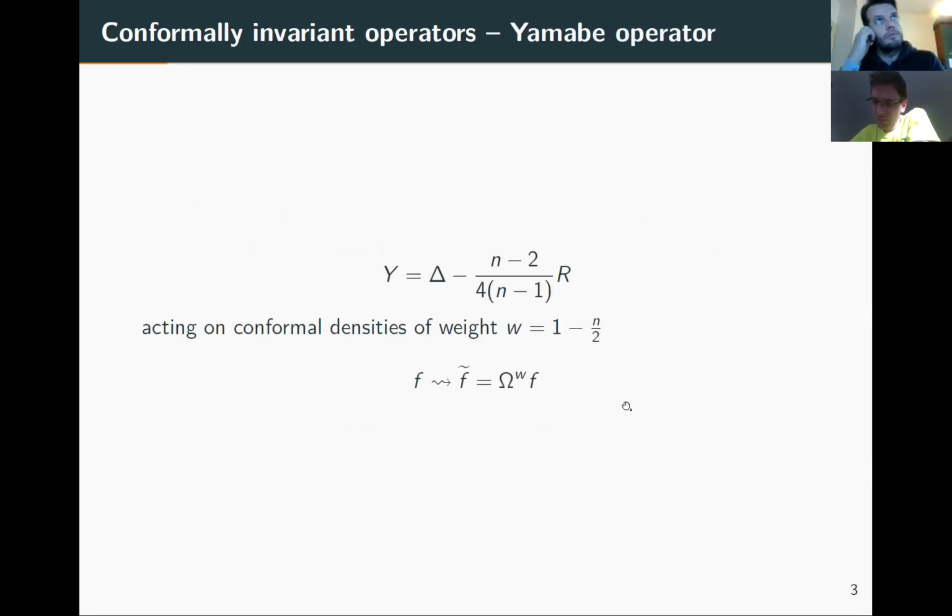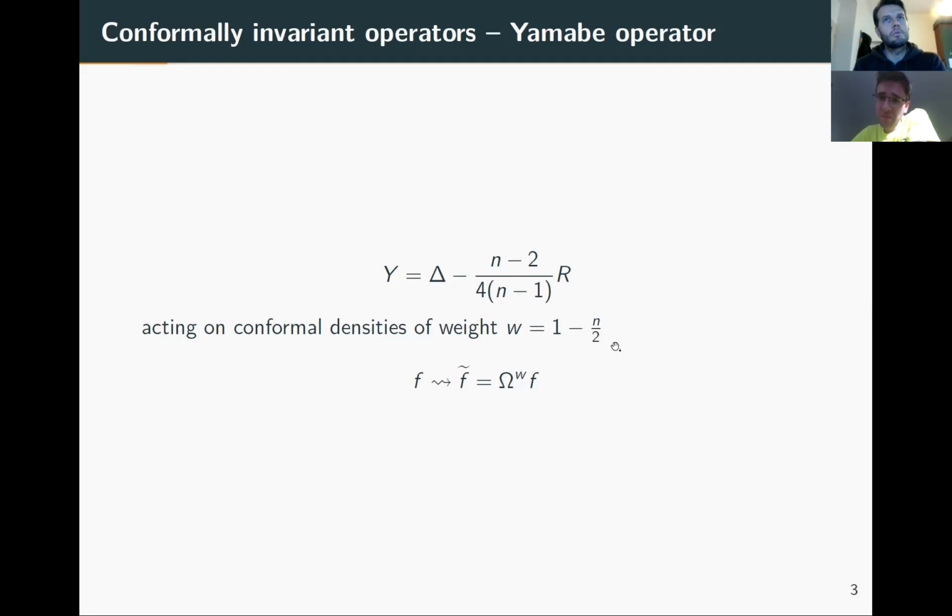Another example of a conformally invariant, natural operator on conformal manifolds is the so-called Yamabe operator. You take the Laplace-Beltrami operator and you add some scalar part. You take the scalar curvature, multiply it by this weird factor, and let it act not on functions but on conformal densities of a certain weight.